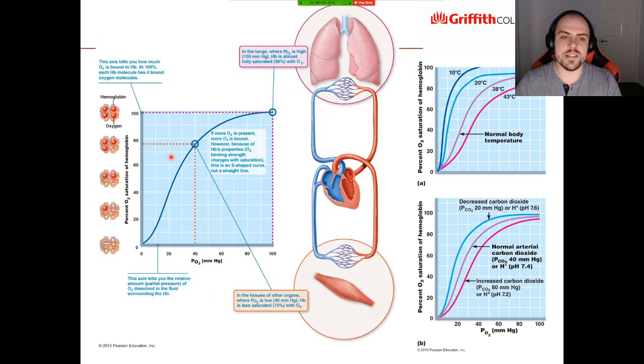In the same way that our hemoglobin molecule here binds these oxygens, as our hemoglobin starts to get less and less because it's delivering those oxygens, a CO2 molecule will very cheekily sneak itself in and bind to one of these sites here.